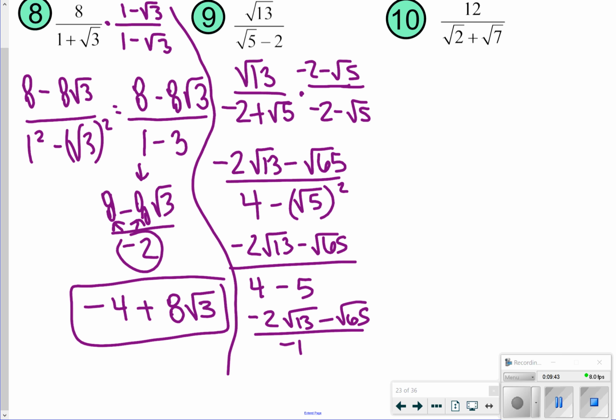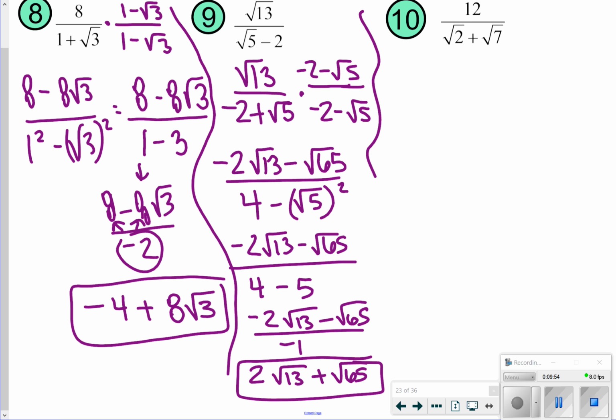So I'm going to scoot down just a little bit. So I'm going to have a positive 2 times the square root of 13 plus the square root of 65. Okay, that one was a little bit more complex than the previous one. That's okay.